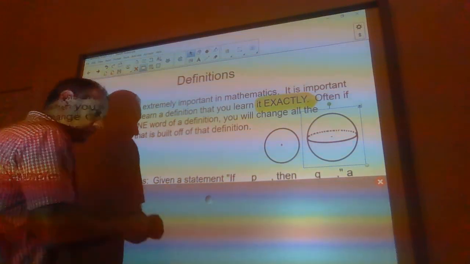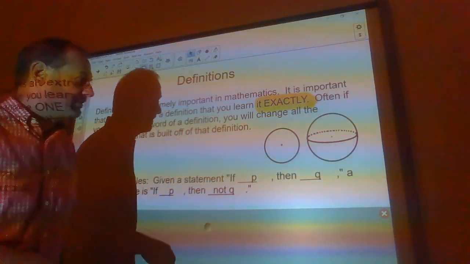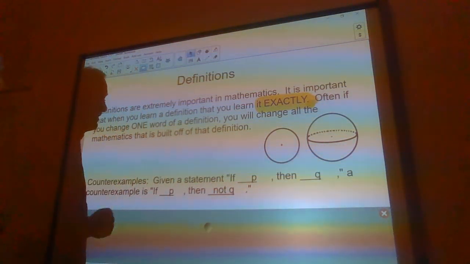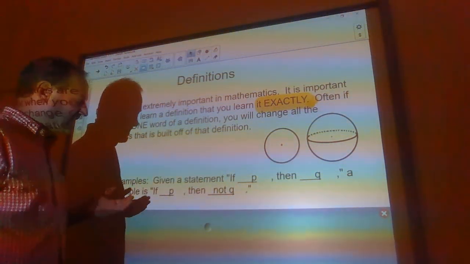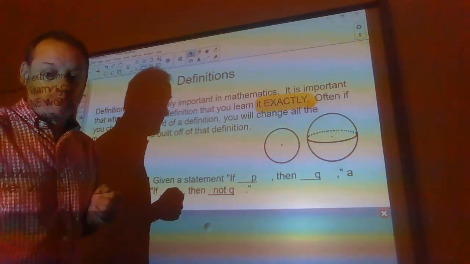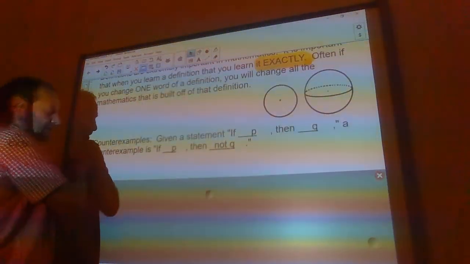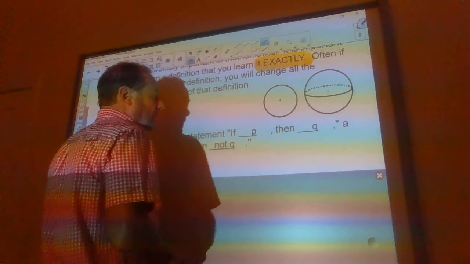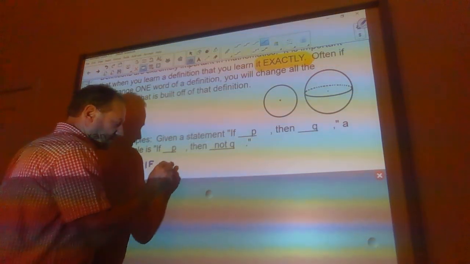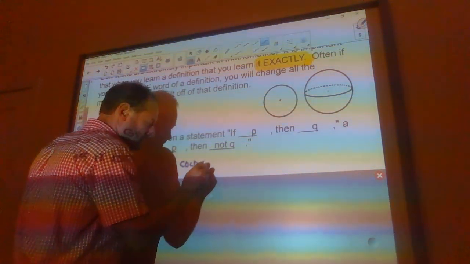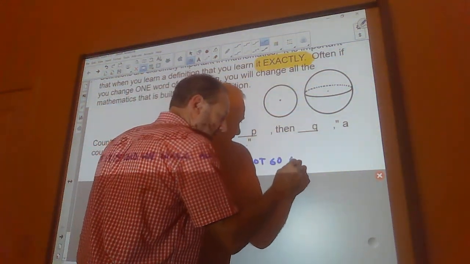Now, what's a counterexample? That's really important to know. Given a statement, if P, then Q, a counterexample is if P, then not Q. An example of that would be something like, if it is cold, we will not go outside.